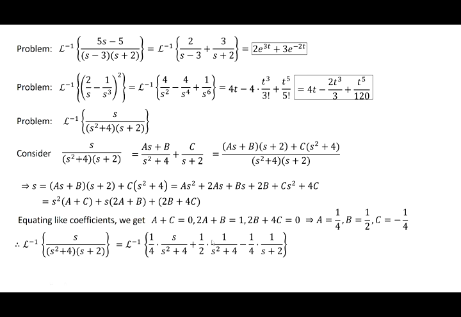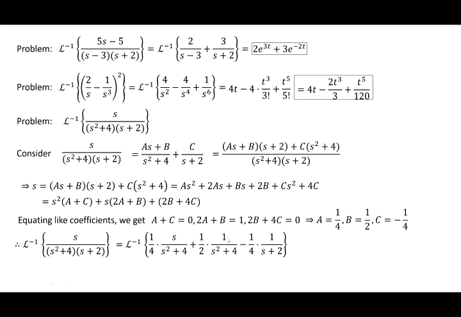In order to find the Laplace inverse of 1 over s squared plus 4, we know that if we were to have k over s squared plus k squared, then the Laplace inverse of that is sine kt. But we don't have a k over s squared plus k squared. K is 2 here.